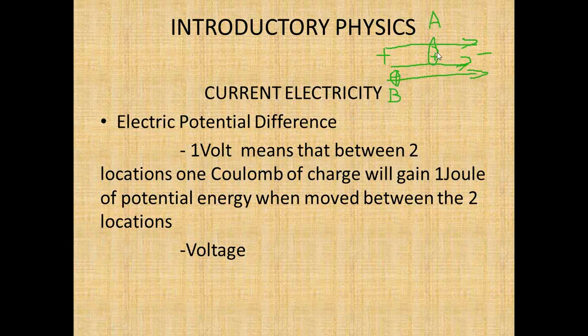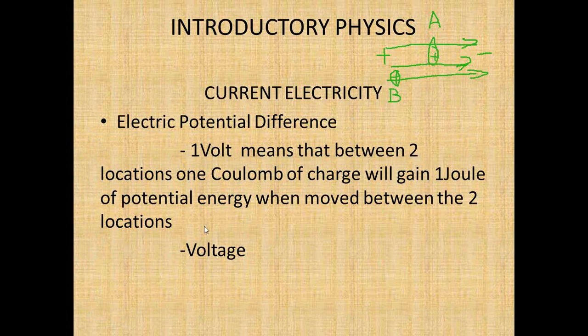So 1 volt means that if you just have 1 coulomb of charge, it will gain 1 joule of potential energy when you move it from A to B. Okay? So that's what 1 volt means.